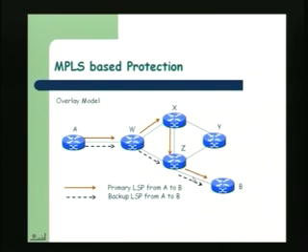In the normal course the packets will be forwarded on this primary LSP, the red line, but let us say any of these links breaks down, and when this is discovered by this label edge router, then the packets will start forwarding on the backup LSP. So, this way we can provide a protection mechanism in the overlay model itself.